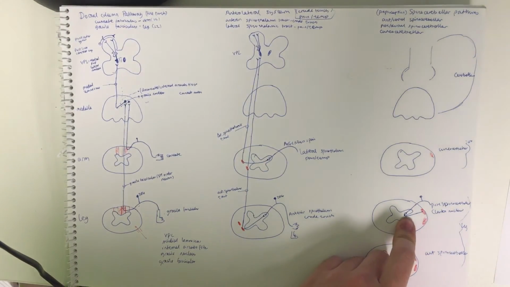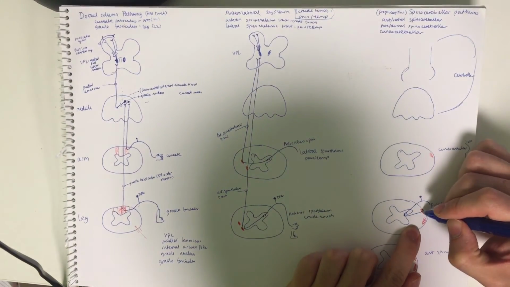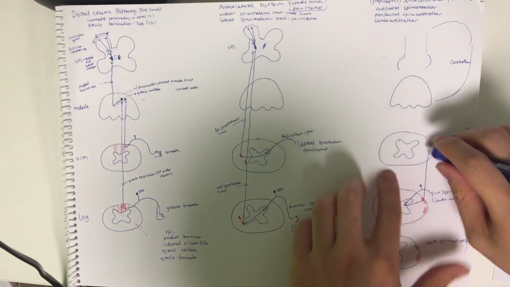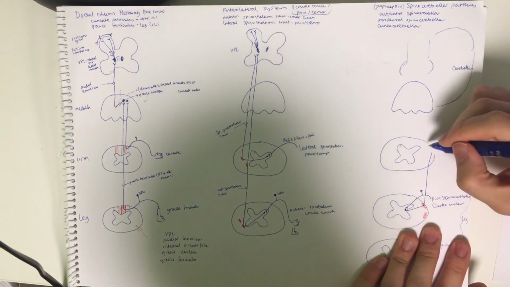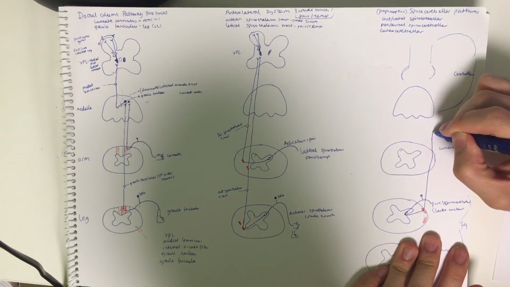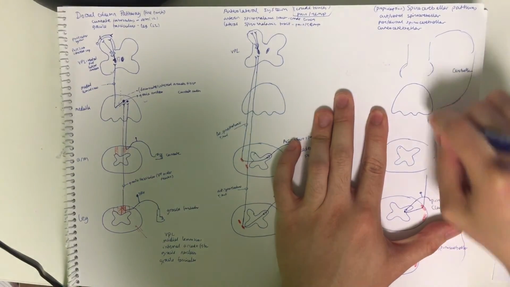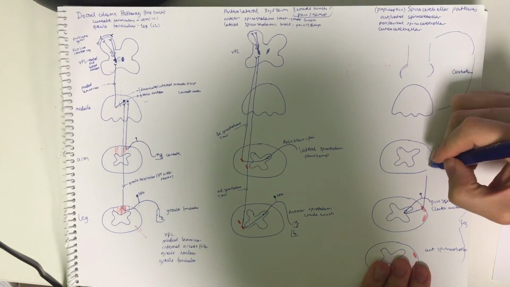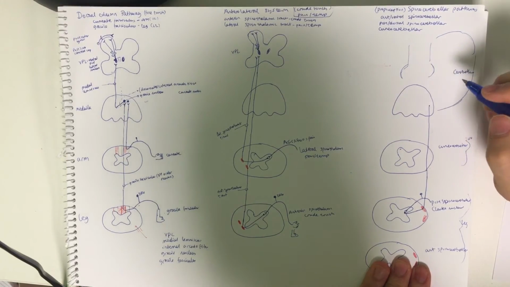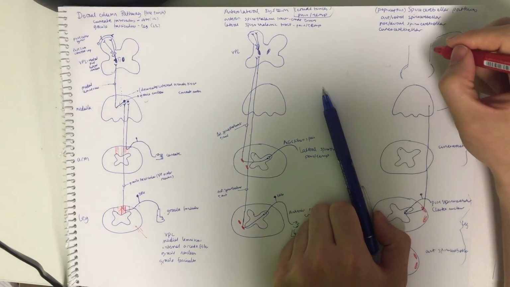Once it synapses at the Clarke nucleus, you have the second order neuron, and then that will ascend upwards up into the medulla. At the medulla, what did I say? These peduncles, remember?